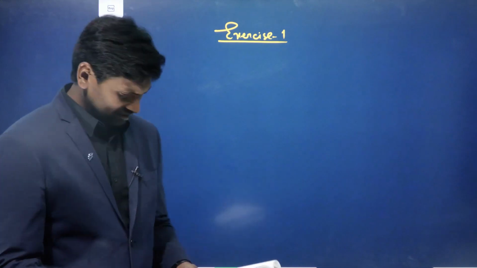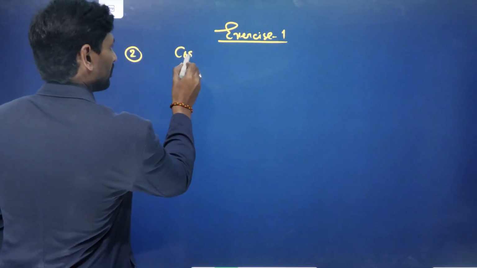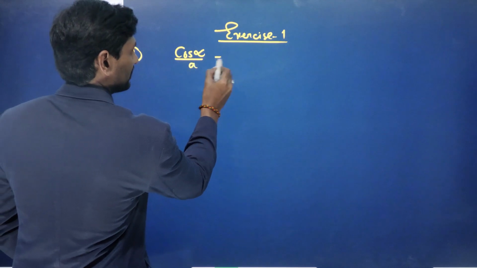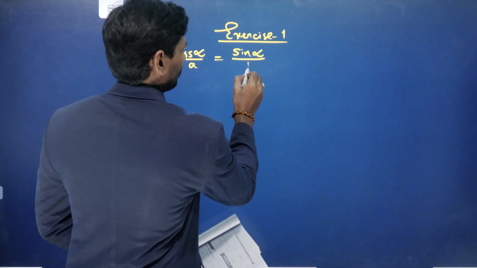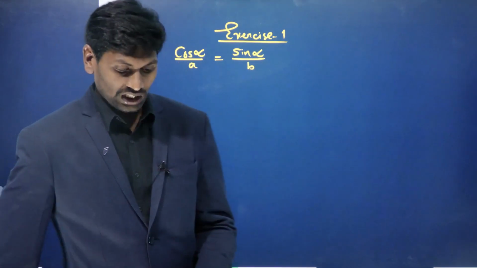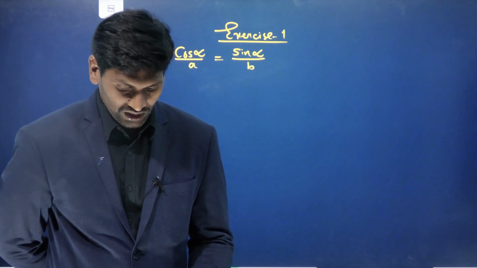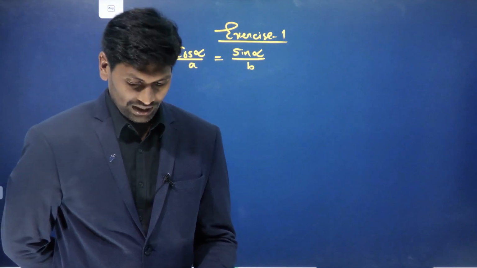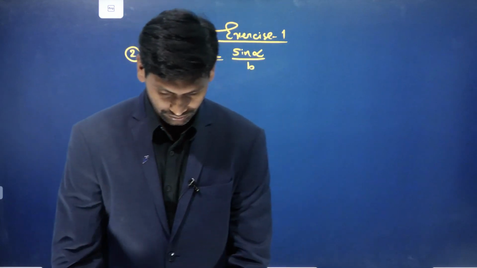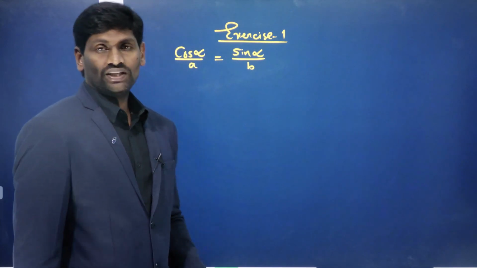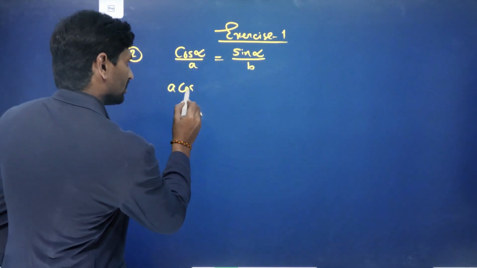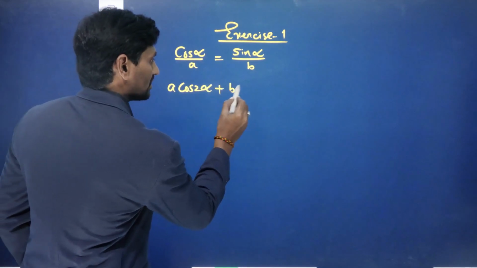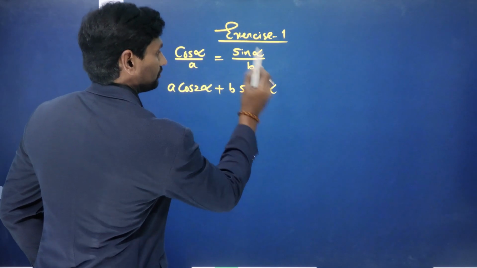Given that cos alpha by a equals sin alpha by b, then we need to find the value of a cos 2 alpha plus b sin 2 alpha.